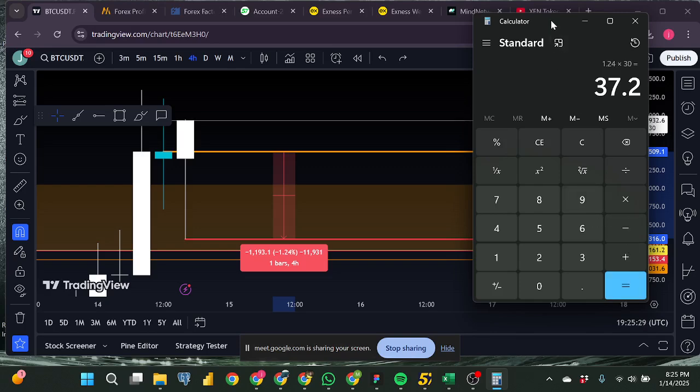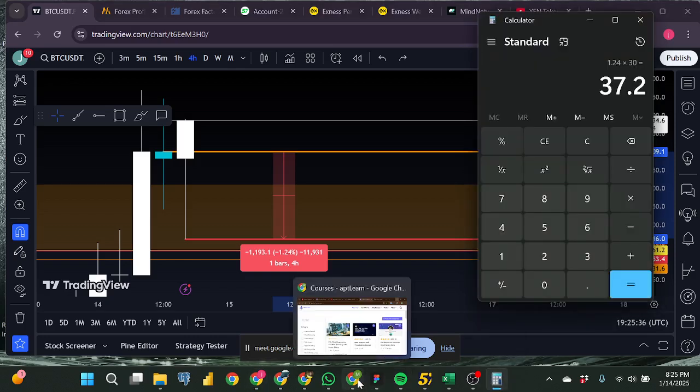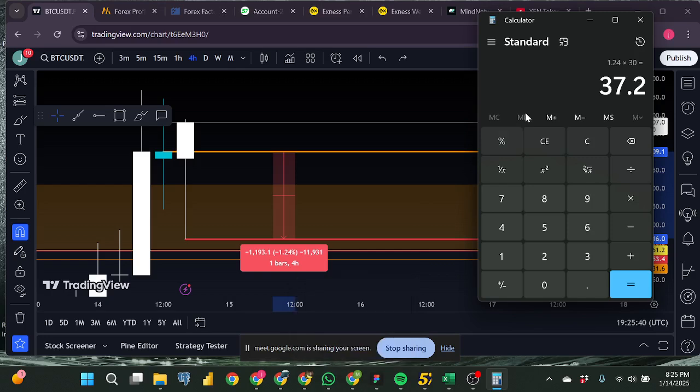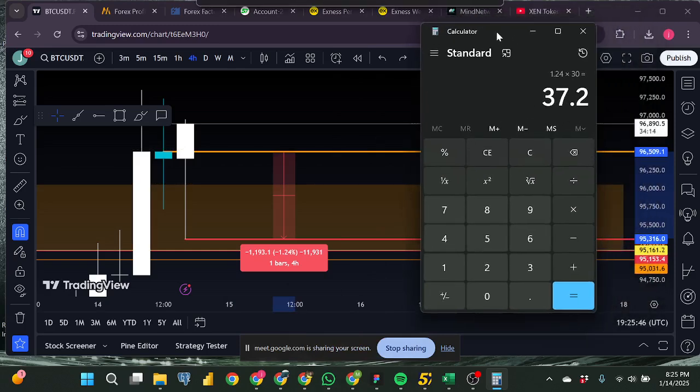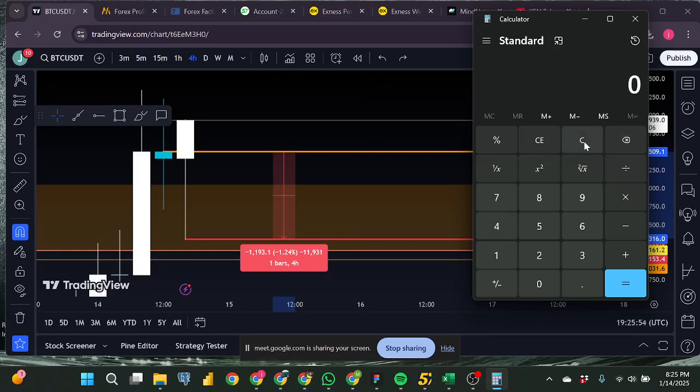Hold on, the thing is confusing my head sometimes. Job, is Job on this call? Yes, I am. Please remind me again. Sometimes I'm very bad with these figures. I'm trying to calculate the leverage I would use for a difference of 1.24%. My calculator is crazy.